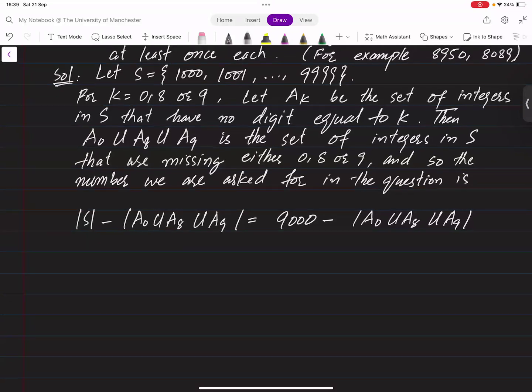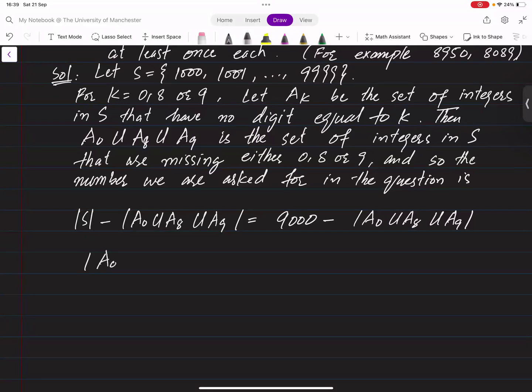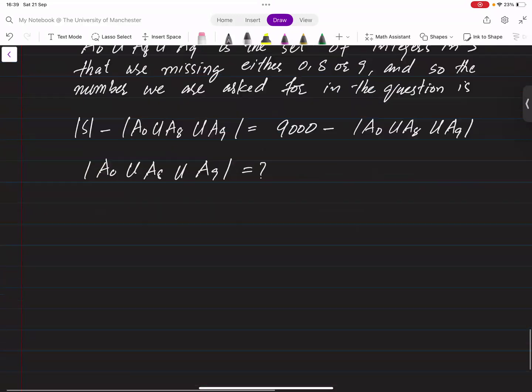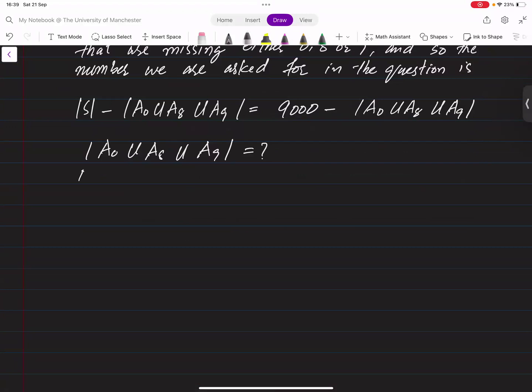So we need to find what A0 union A8 union A9 is. By the multiplication principle 16.1 in the previous chapter, we have the order of A0 is 8 cross 9 cross 9 cross 9, since there are 8 choices for the first digit, it cannot be 0, and 9 for each of the others.